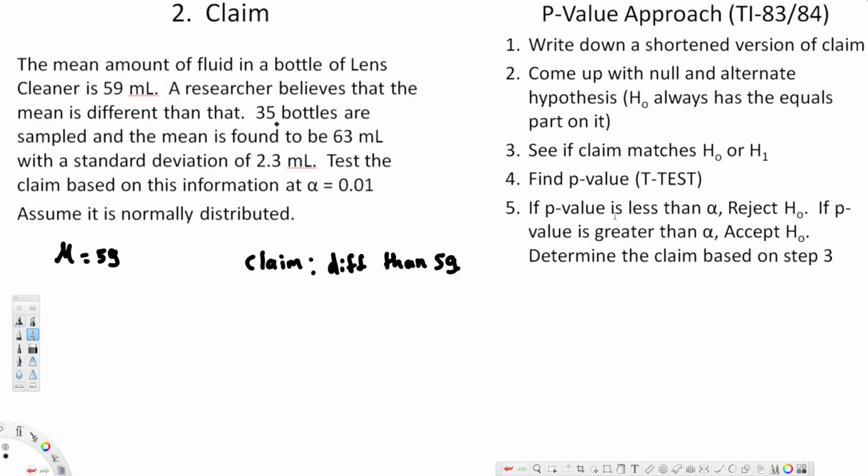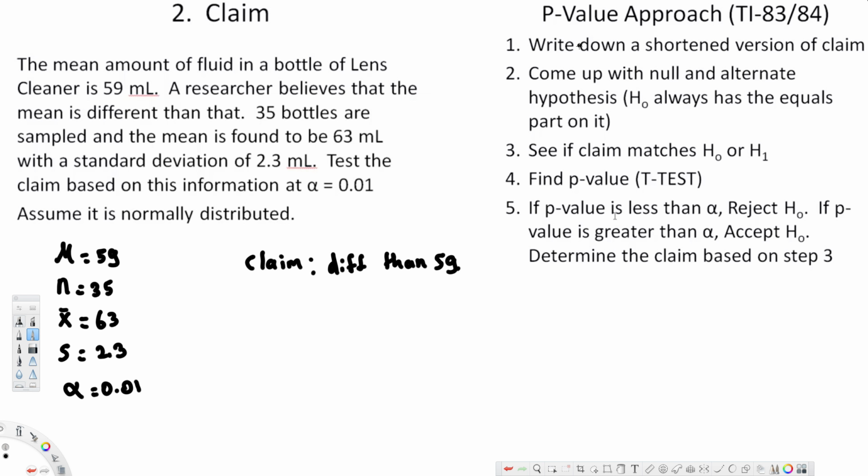We have 35 bottles sampled, so n is equal to 35. The mean is found to be 63 milliliters, so this is our x bar, x bar is equal to 63. Standard deviation is 2.3, so this is our s value. They have also given the alpha value, 0.01. Now here we are going to use the p-value approach.